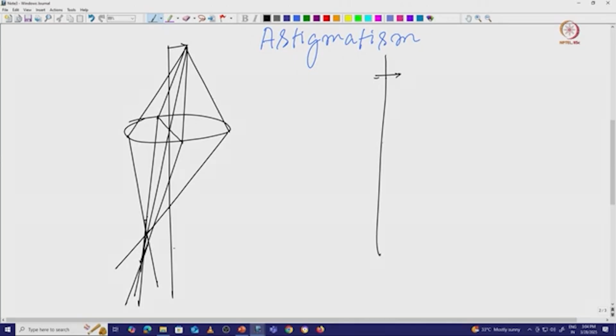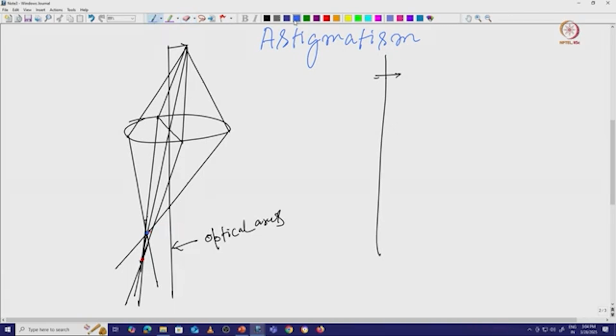So if this is the actual optical axis, it is shifted from it, and there is one crossover point forming. I am putting it in blue, and the other crossover point I am putting here. So you can see there are two different crossover points. We can get one here.